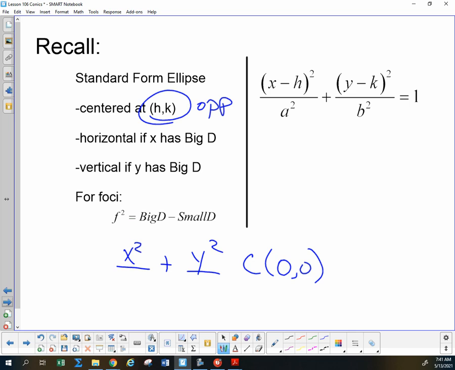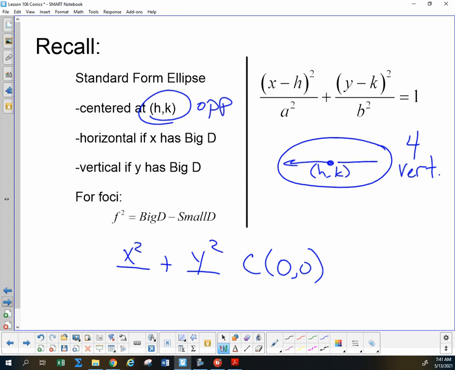We also know that whichever one has the big denominator tells us whether it is horizontal or vertical. So if it is horizontal, how many vertices does any ellipse have, horizontal or vertical? I'm seeing fingers being held up correctly for 4 vertices. And we take our center (h, k) and we take the square root of the denominators.